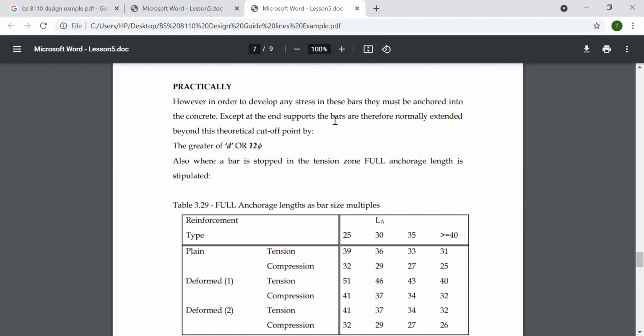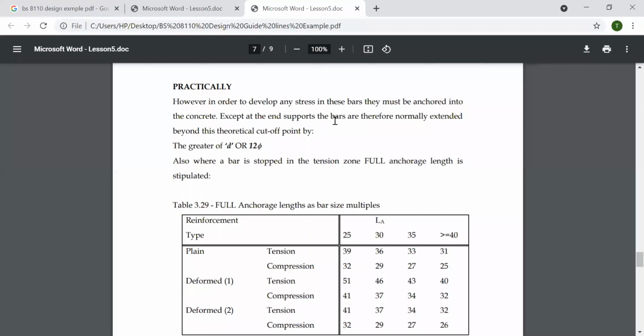Except at the end support, the bars are therefore normally extended beyond the theoretical cutoff point. It means from where the curtailment is taking place. The greater of D or 12 times the diameter. Also where a bar is stopped in the tension zone, full anchorage length is stipulated below.